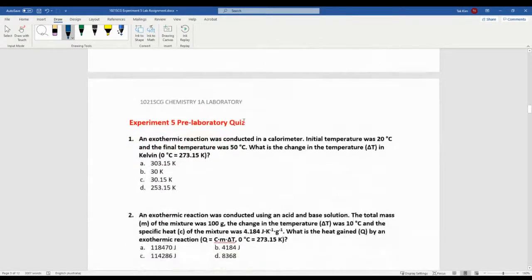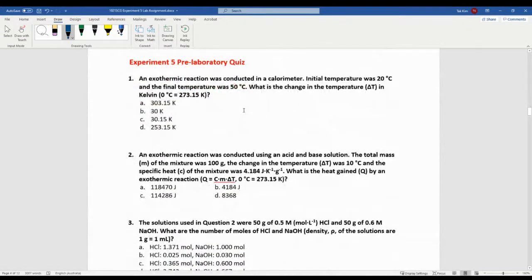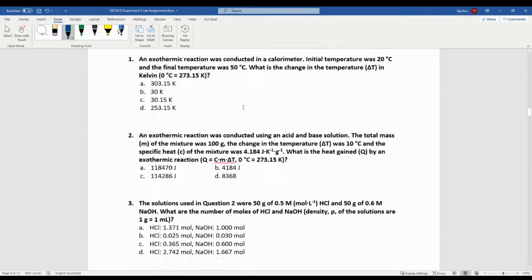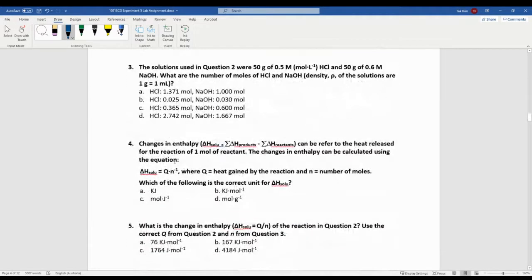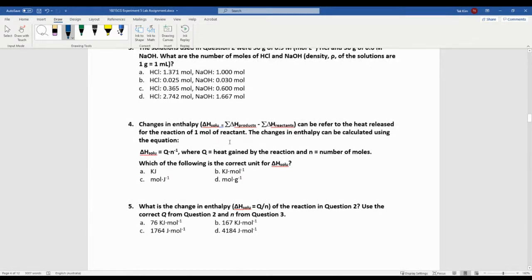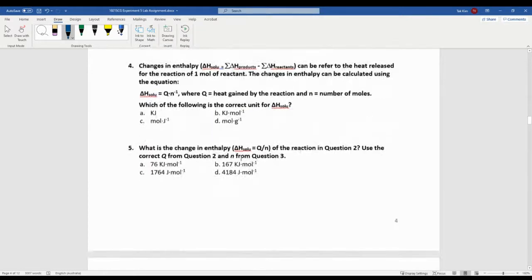For the pre-lab quiz, have a look at each question carefully and answer carefully. Once you complete these questions and finish your lab assignment questions, come back here and have a look at these ones again. You might be able to find something not correct.